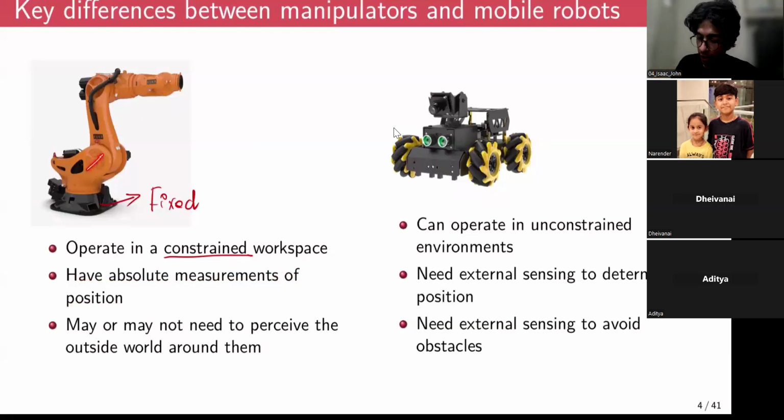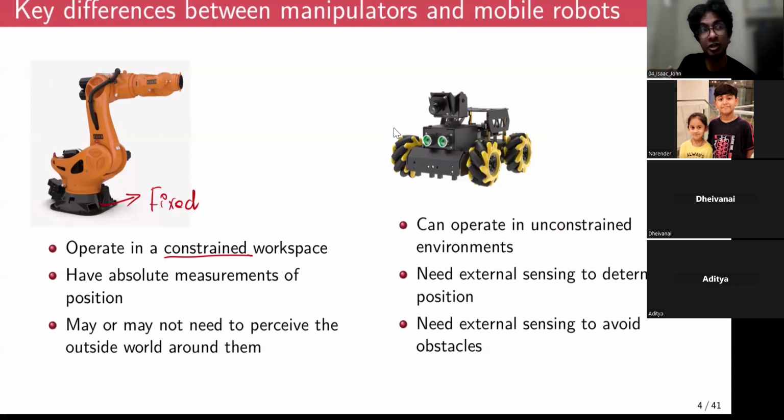Each of these individual joints is actuated by its own motor, and each of these motors is coupled to its own encoder. An encoder is a sensor to obtain the orientation or angular displacement of each of these joints.